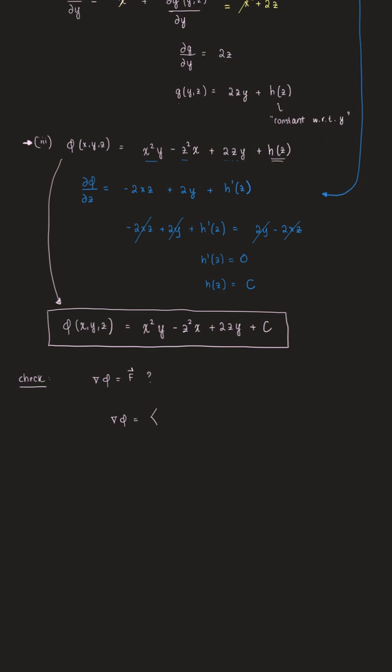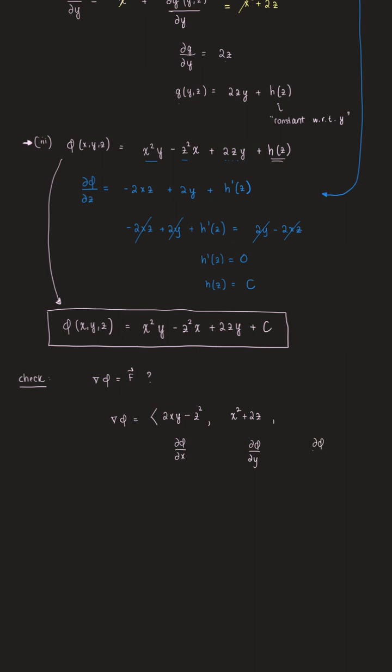So the partial of phi with respect to x is going to be 2xy minus z squared. I'm just taking partial. This is partial of phi with respect to x. Now I need partial of phi with respect to y, and that's going to be x squared plus 2z.